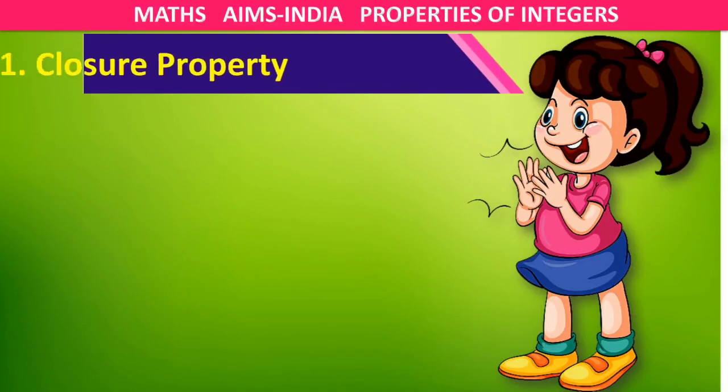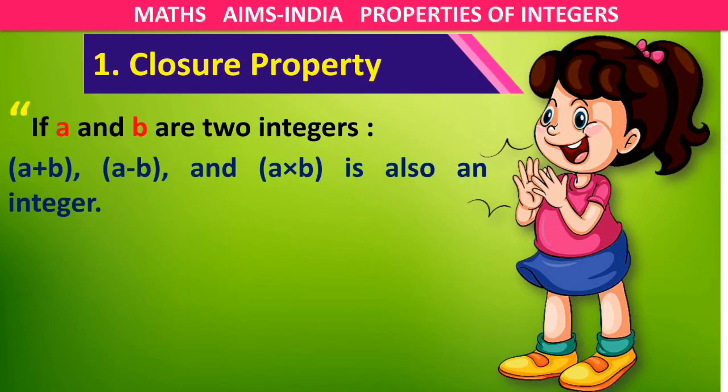In simple terms, if a and b are 2 integers, then a plus b, a minus b, and a into b is also an integer. What are they saying here? Because we are using a and b, which are 2 integers, the result of their addition, subtraction, and multiplication is also an integer.